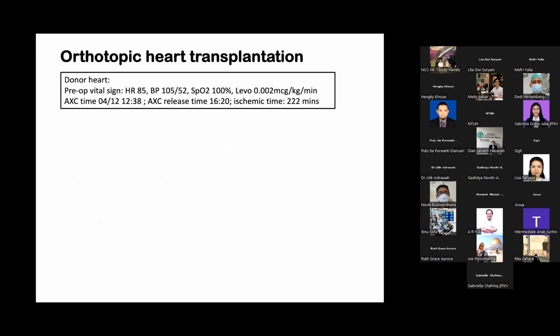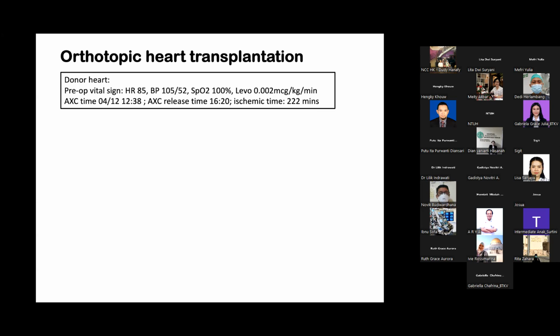So the patient received the heart transplantation under stable blood pressure, and the cross-clamp time is 202 minutes. The donor hospital is about 1 hour of travel to my hospital.